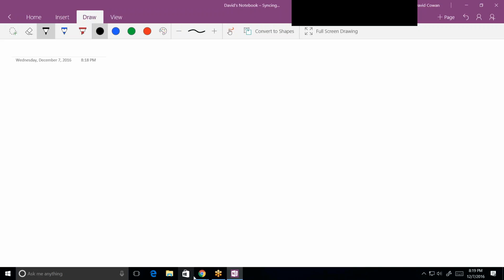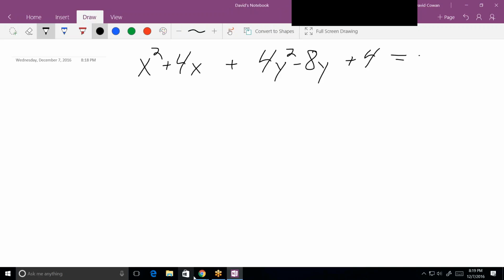This one is x squared plus 4x plus 4y squared minus 8y plus 4 equals 0. Okay, first thing I'm going to do is move that 4 over. You see why?